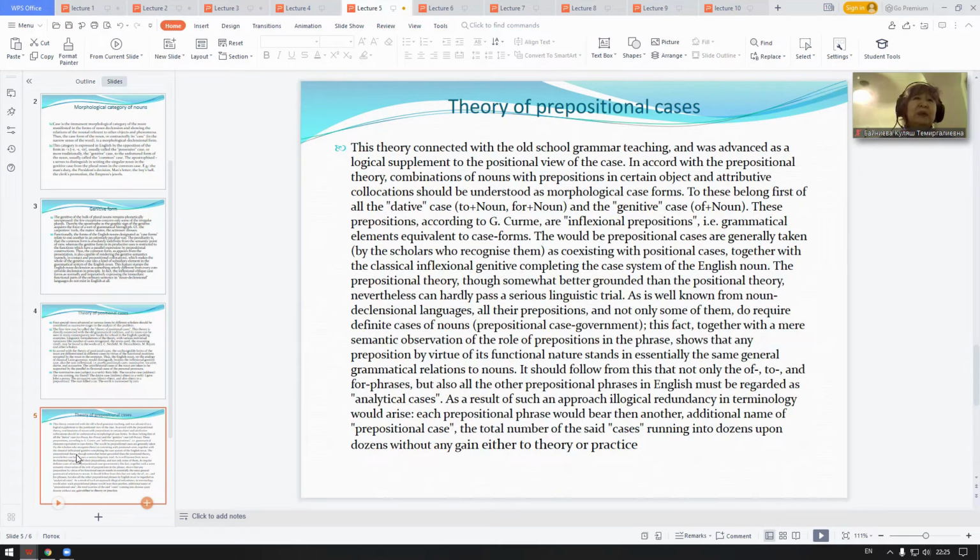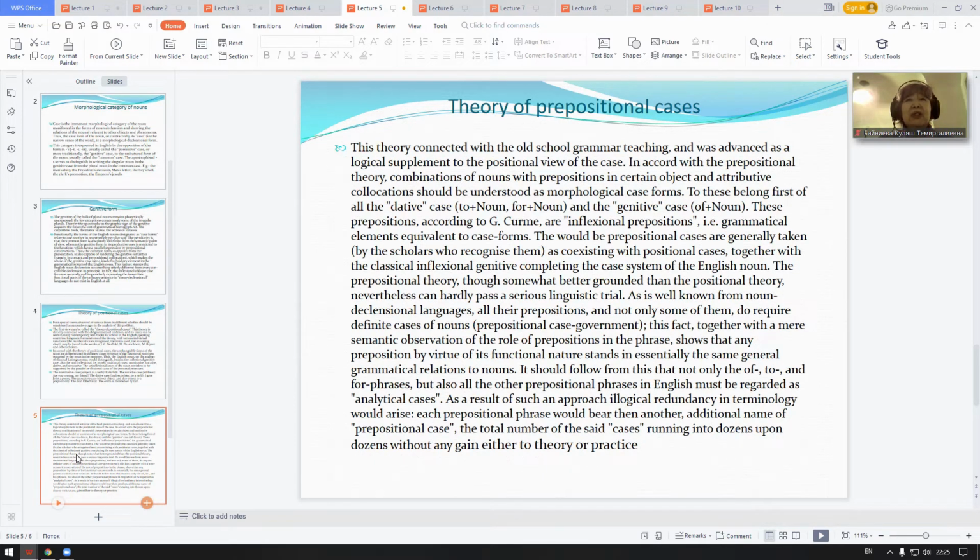The would-be prepositional cases are generally taken by the scholars who recognize them as coexisting with positional cases together with the classical inflectional genitive completing the case system of the English noun.